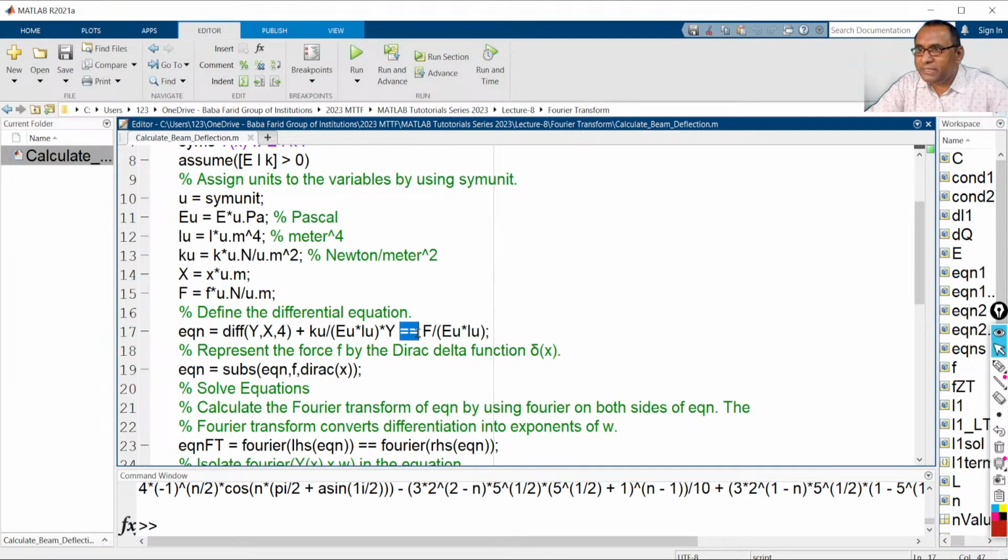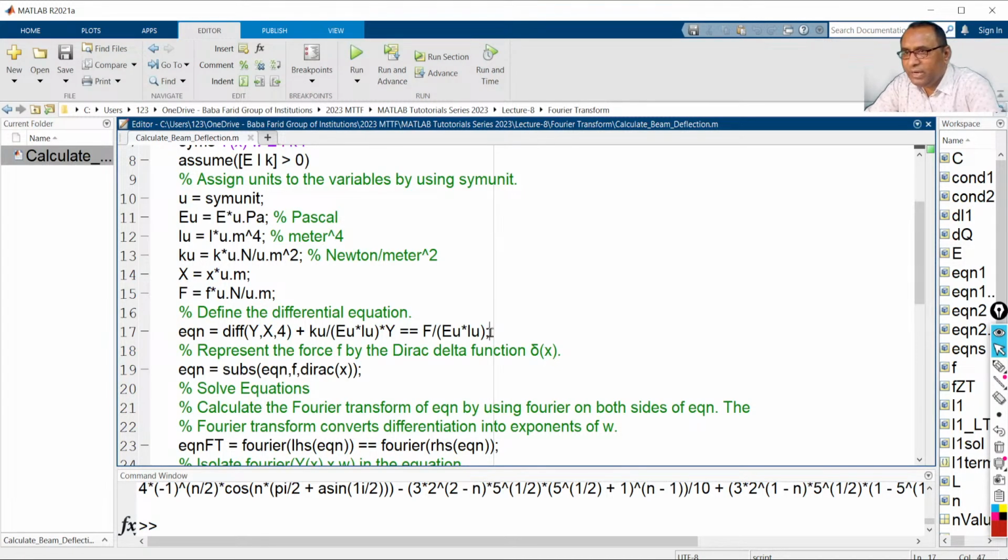Double equal means equal to. I have already explained that double equal is used for equal, and single equal is used for the assignment. Also we pass delta x in the place of f by using the subs. This we have also discussed.